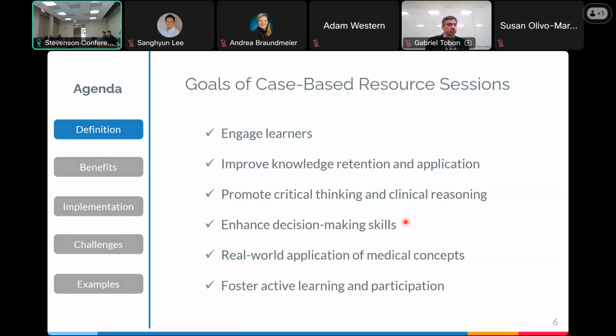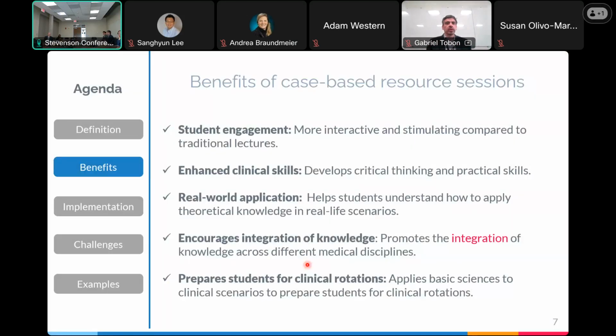The idea is to engage learners, to improve knowledge, retention, but also application of the knowledge, and to promote critical thinking and clinical reasoning. So we can use clinical cases, deliver the content, and then incorporate this content in clinical reasoning and making decisions. We use real-world application of medical concepts using one single case to improve active learning and participation during the session.